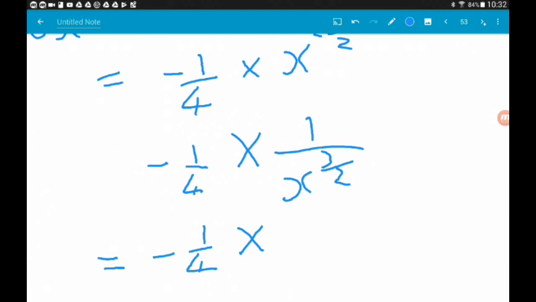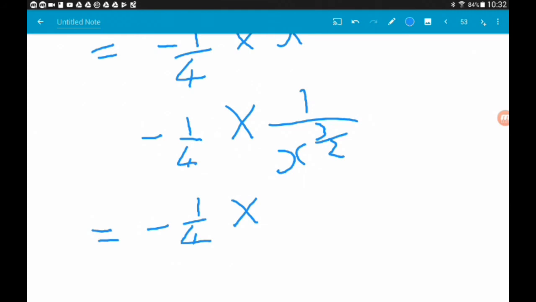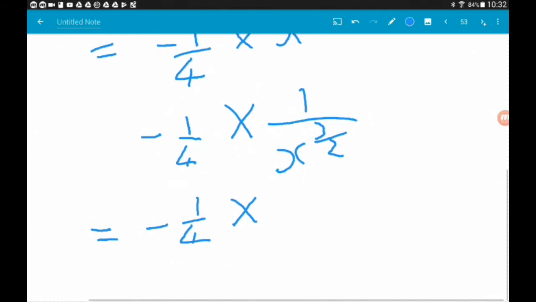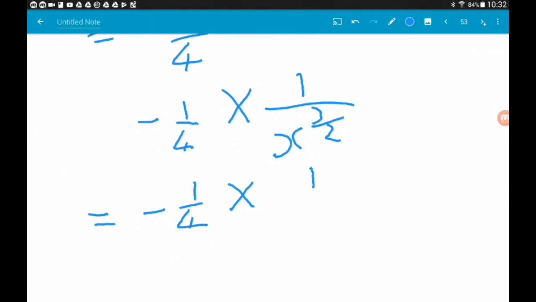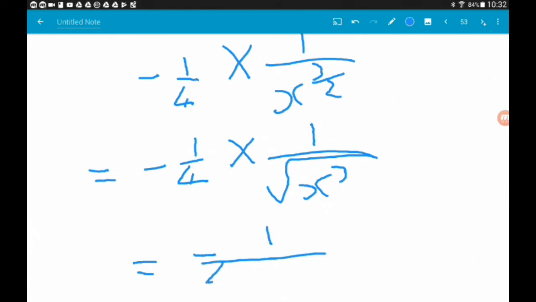Now x to the 3 halves is saying x cubed square rooted. So this is 1 over square root of x cubed. So we can finally write that as minus 1 over 4 root x cubed.